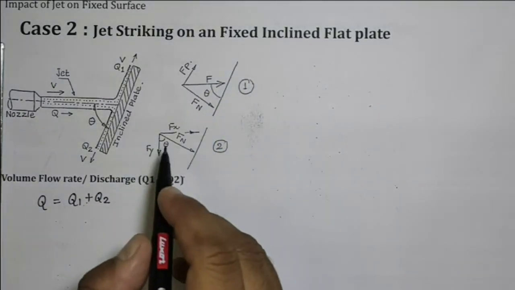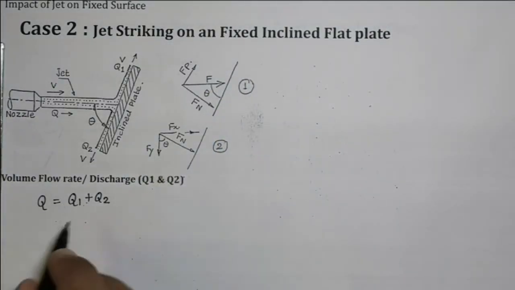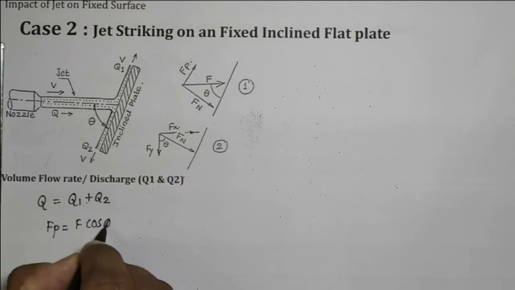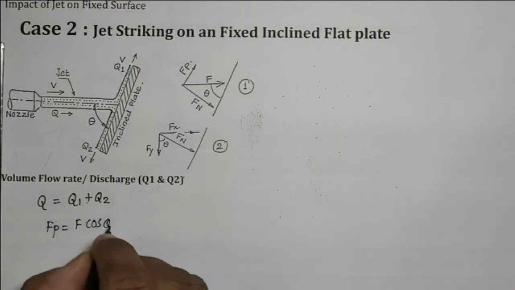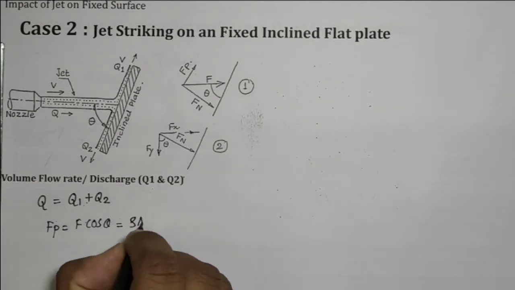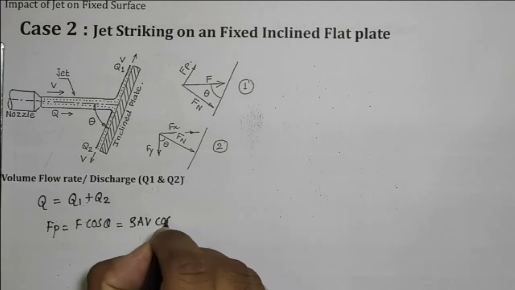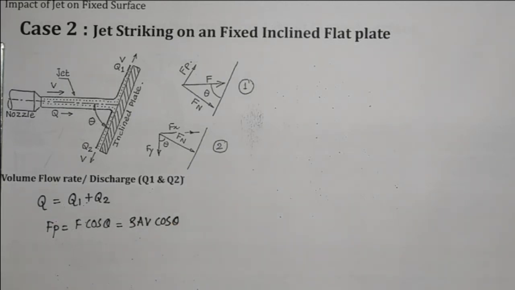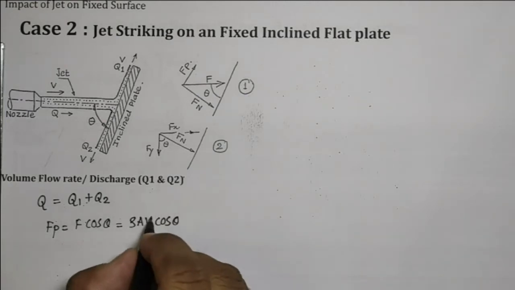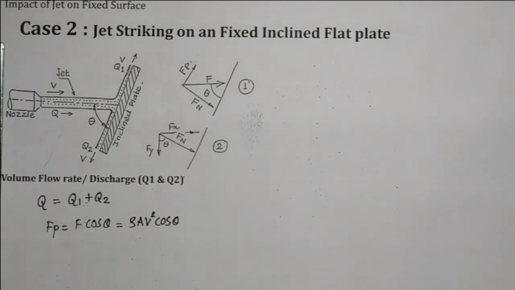Now that force we have already found out as Fp is equal to F cos theta, where F is nothing but rho a v, and here we have cos theta, or we can say rho a v square cos theta. We will rearrange that equation as rho a v into v cos theta.